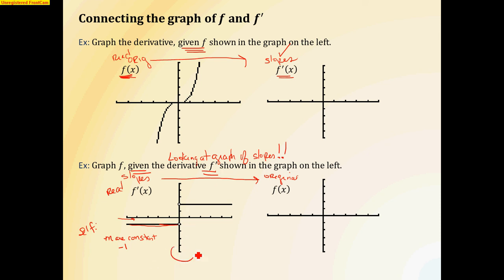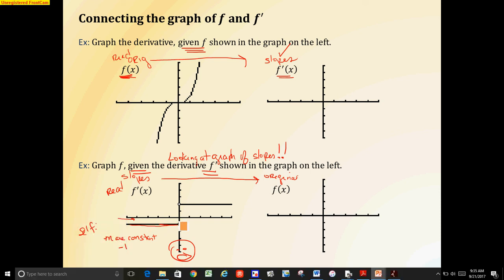And then here, what is true? This is an open circle. What does this mean? An open circle here and an open circle here? The slope does not exist at x equals 0. What? What does that mean? Think.